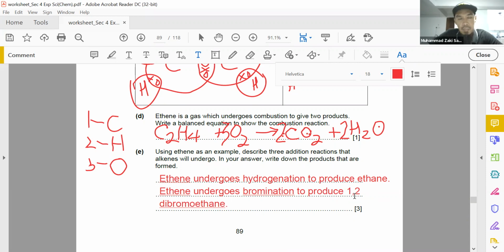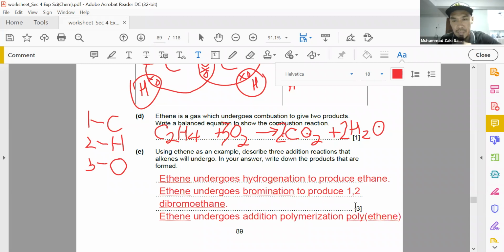Next, remember the other addition reaction? Ethene undergoes what? Who can remember that? Addition what? Polymerization, right? Remember polymerization? There are many ethene monomers coming together, we give you polyethene.